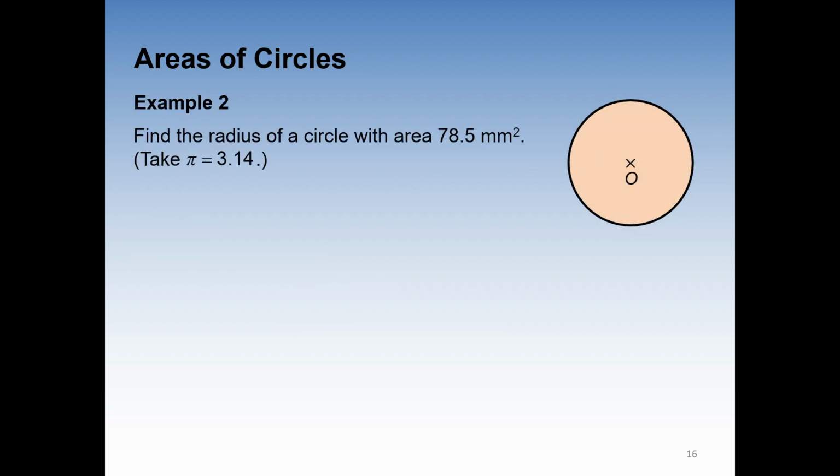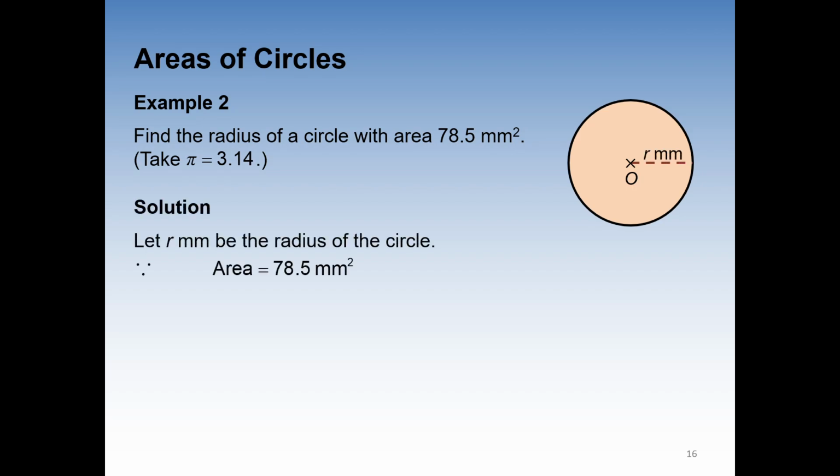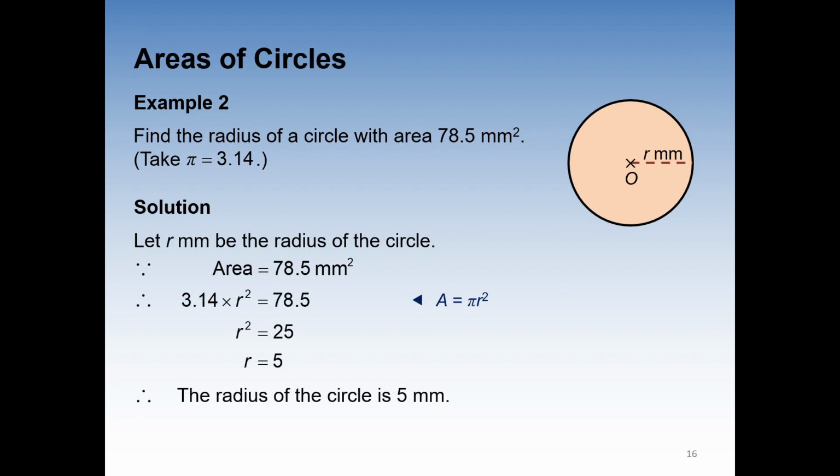So another example, find the radius of the circle with the area 78.5 mm squared. Since we don't have the radius in the figure, we need to let r mm be our radius. Then we apply our formula, pi r squared. In this case, use the value of pi given by the question, that is 3.14.